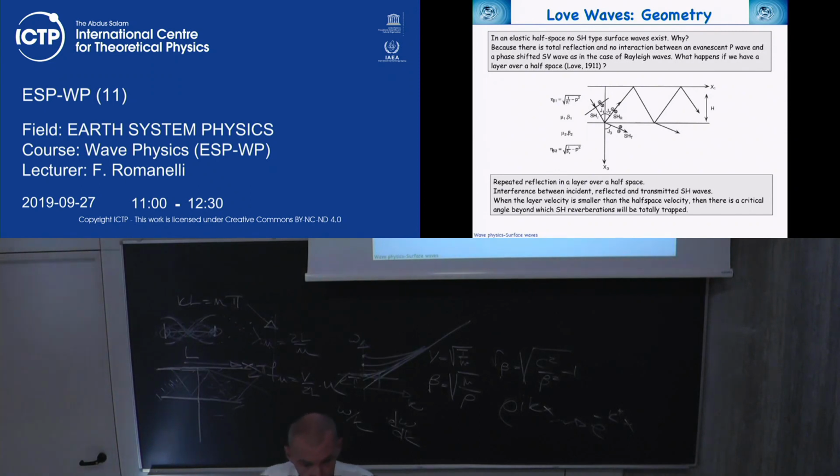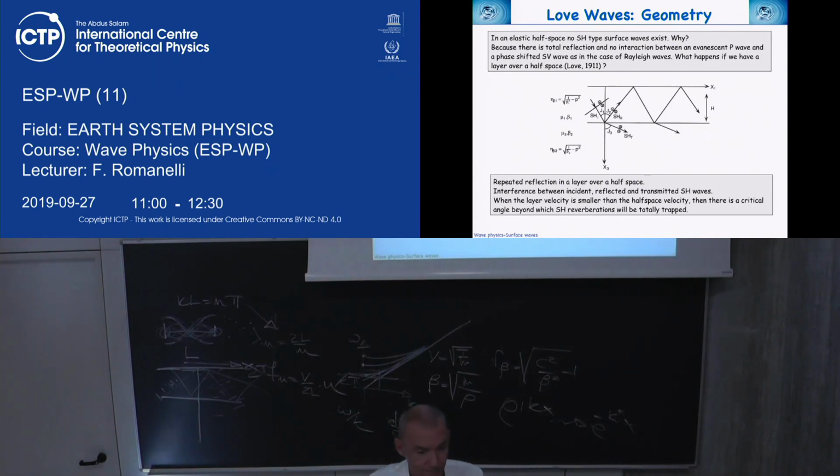But part of it can stay here and interfere. So actually, Love waves are like VSH waves interfering in the plate, but in a layer over the half space. Question before going on with the algebra. What if the velocity of a layer is larger than the half space?